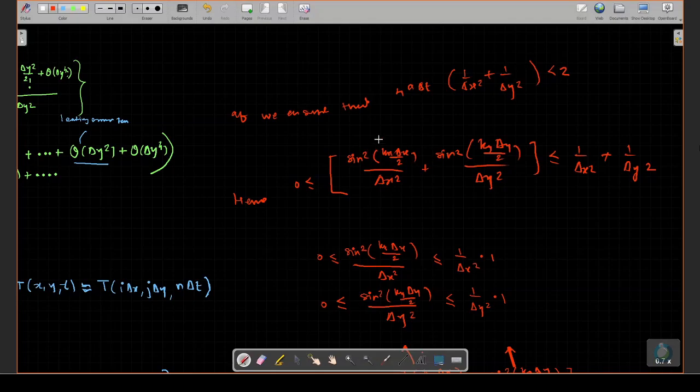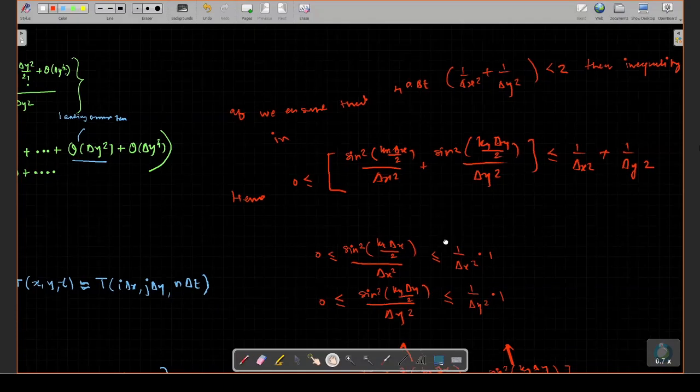So if we use that, this less than 2, then the inequality in the equation, which was this equation, let me write this equation as maybe A star.